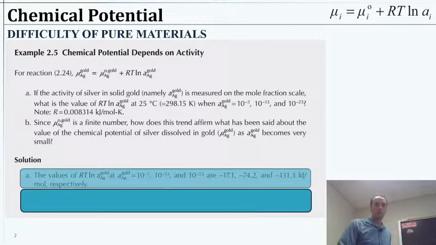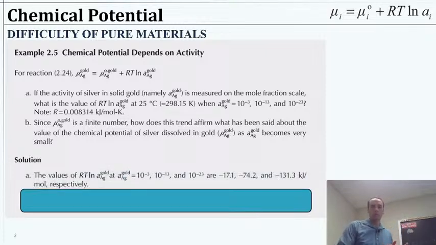All right. So if we put those calculations in, it should be as straightforward as using the values provided. Now, I don't think we're given a standard state, are we?